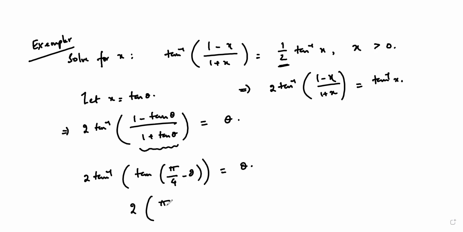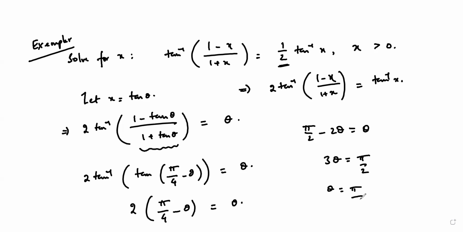So 2 times pi by 4 minus theta is equal to theta. Pi by 2 minus 2 theta is equal to theta. 3 theta is equal to pi by 2. Theta is equal to pi by 6.